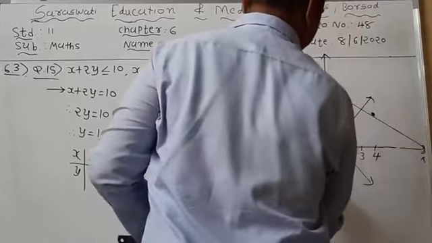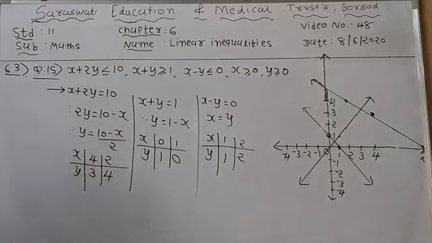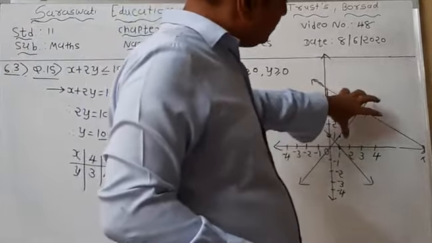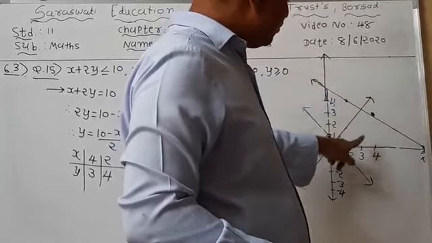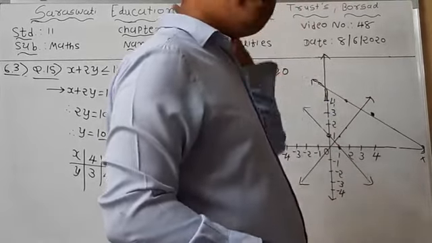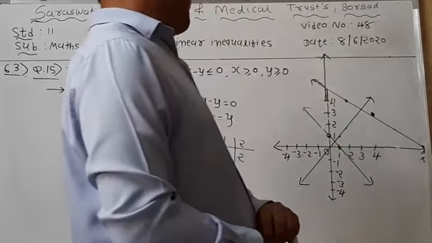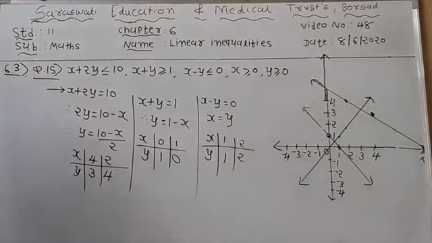Now we decide which part is our shaded part. There are several possibilities here: 1, 2, 3, 4, 5, 6, meaning in which part we draw the shaded part. So again we apply the same method.